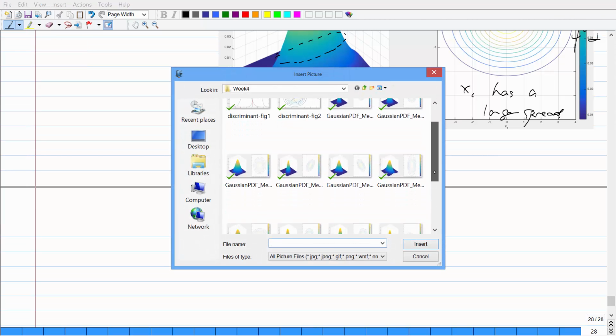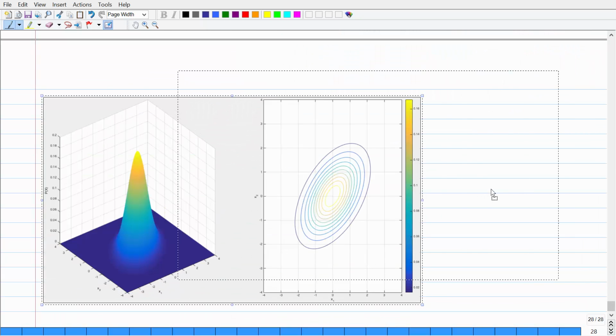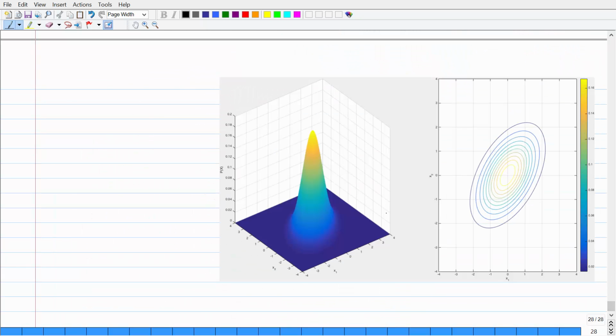It's always nice to see pictures. Let's introduce some correlation. This is what happens when I have features that are correlated. The mu is the same, and the variances themselves are okay, but the covariances are 0.5. If x1 increases, then x2 also increases by a factor of 0.5.